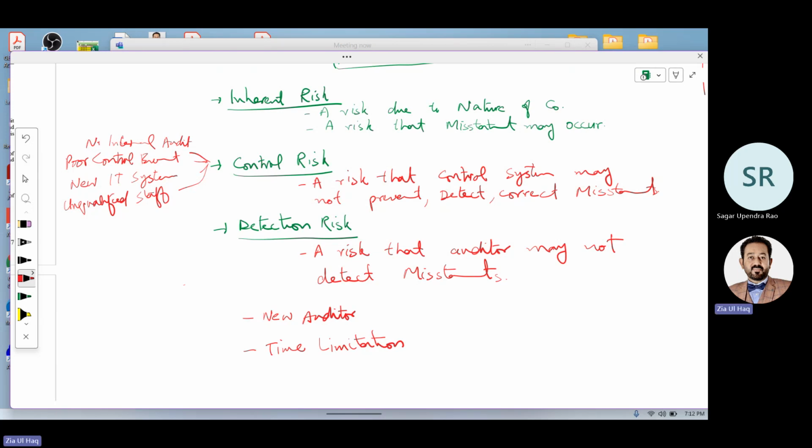Auditor is unqualified, meaning inexperienced. If the auditor is unqualified or inexperienced, he may not apply detailed knowledge. Due to this, he may not detect misstatements. This will be called detection risk.